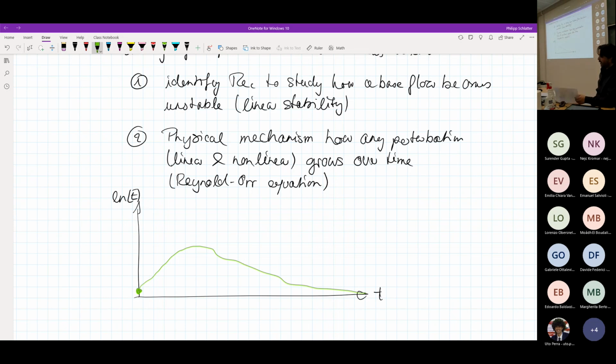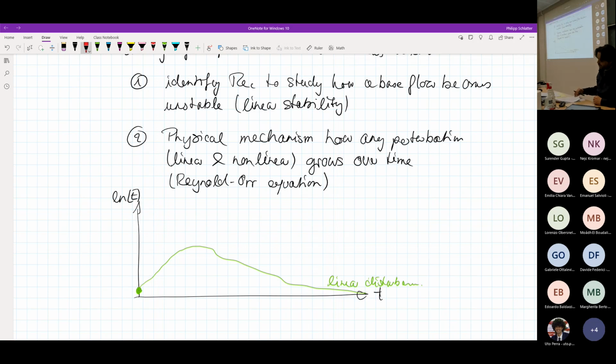Now, this tells me that if I do this at a very small amplitude, where I can physically neglect the nonlinearity, I can consider this to be a linear disturbance. And it would tell me that this linear disturbance may decay over time.